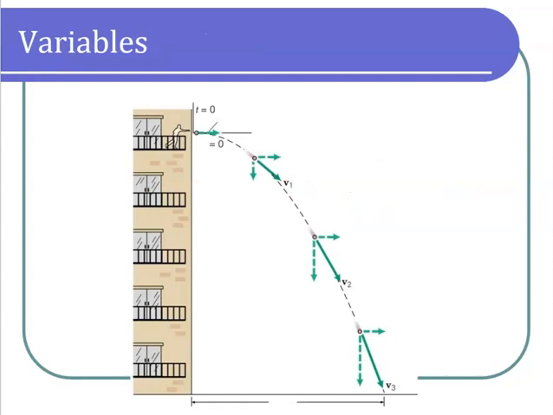So let's go ahead and identify some variables. We're going to change a little bit how we identify our variables because we are going to be dealing with both horizontal and vertical motion.